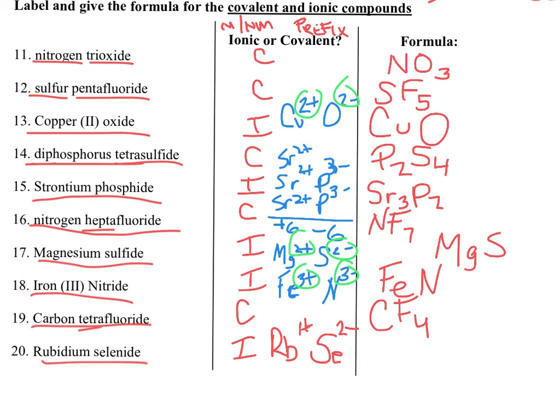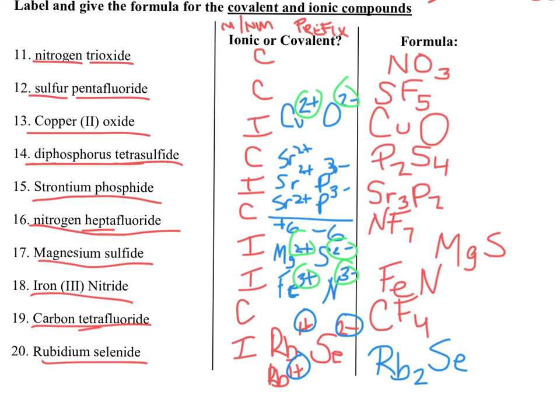It's the same charge as oxygen and sulfur because it's in the same family. So that means I'm going to need 2 rubidiums to be able to cancel out, right? +2 to cancel out with the -2. So I will need 2 rubidiums for every 1 selenium, Rb2Se.